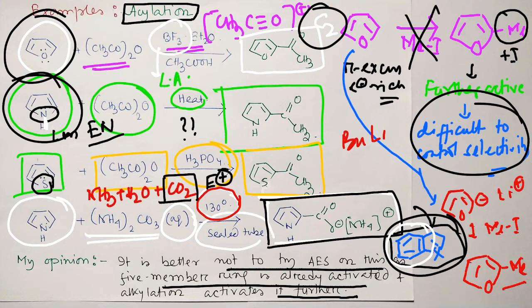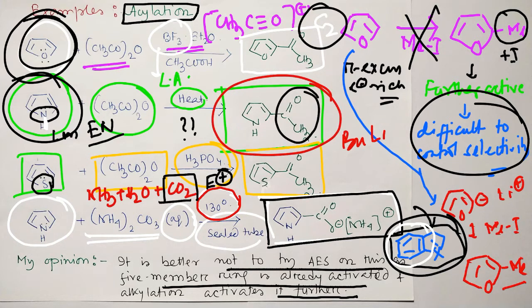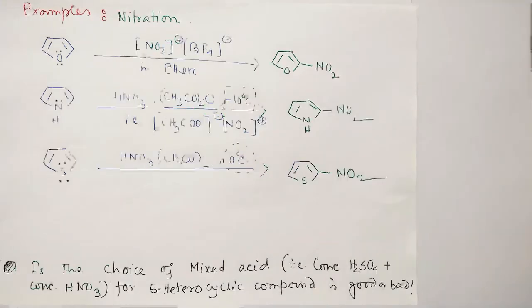For aromatic electrophilic substitution, we prefer electron-withdrawing or deactivating substituents, because these products are already electron rich. If we attach some electron-deficient group, they are less reactive, so it is possible to have selectivity in the product. Fine. Okay, now let's discuss nitration.